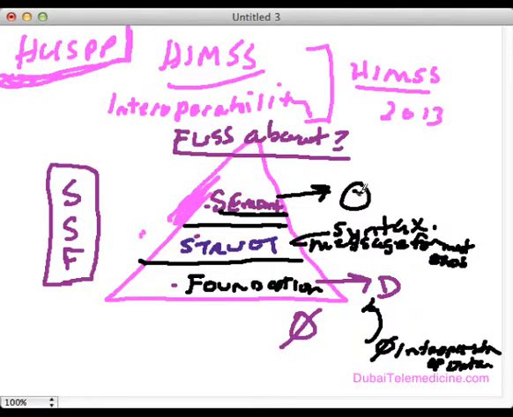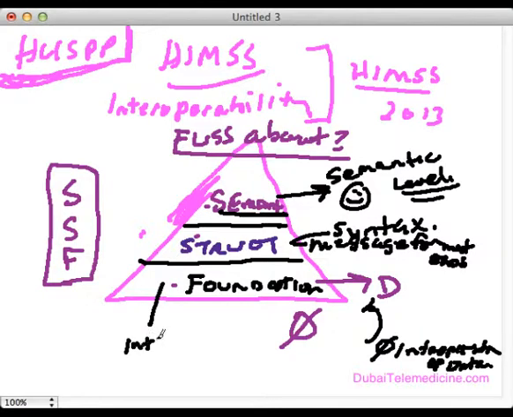So data is interpreted with semantic level interoperability. With foundation level interoperability, there's not. When you receive the data, you don't interpret it. At the top level, you do interpret it.